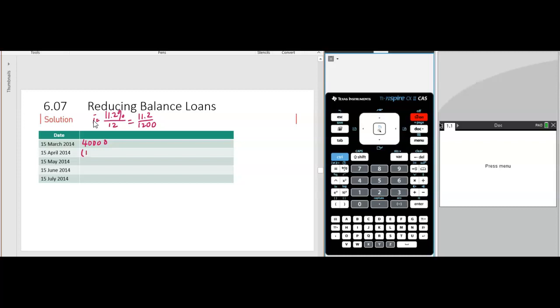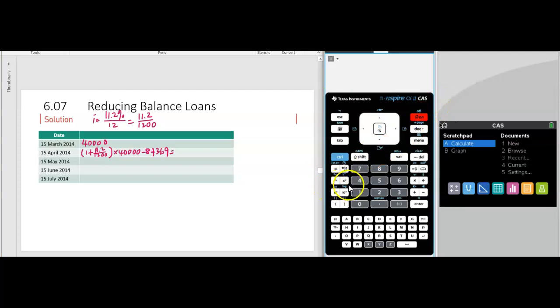It is the original amount with the interest incurred on top: 1 plus 11.2 divided by 1200, times 40,000, minus the monthly payment 873.69. I'm going to use my calculator to help me.